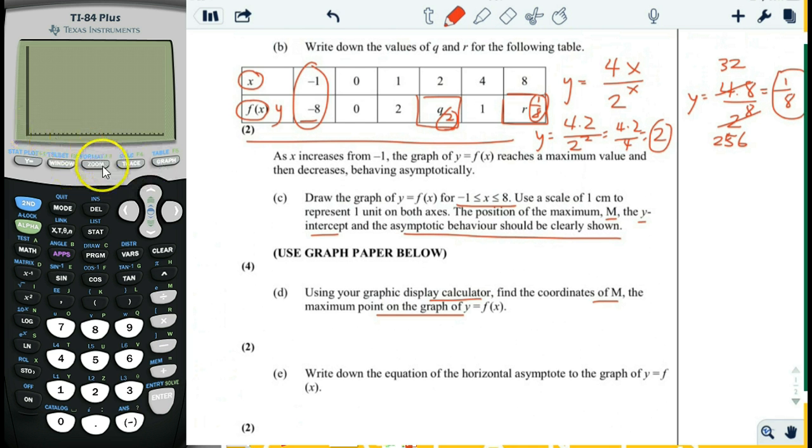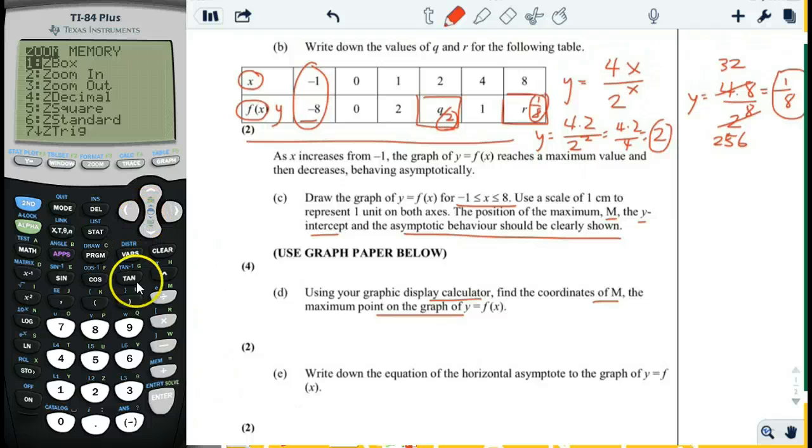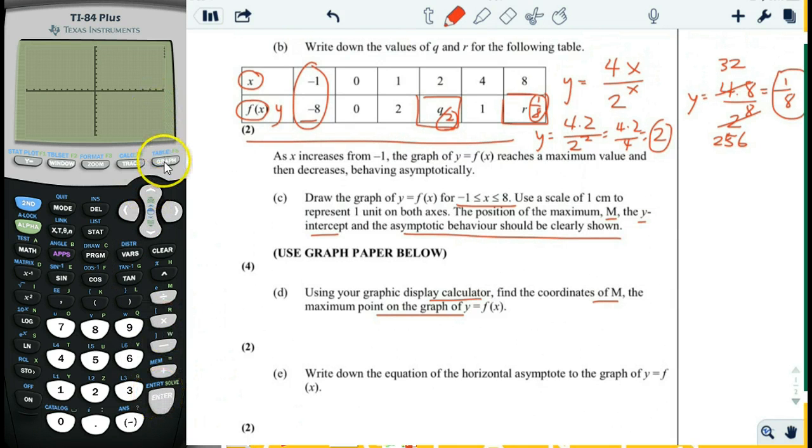Okay, maybe we can't see it because we need the zoom standard. Okay, so here's the graph.